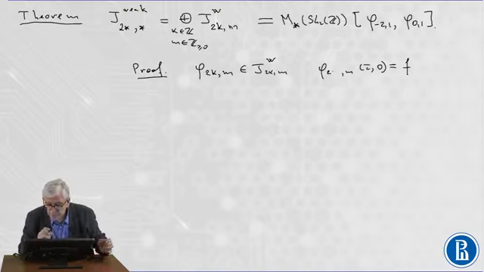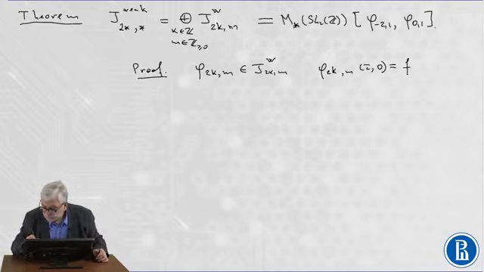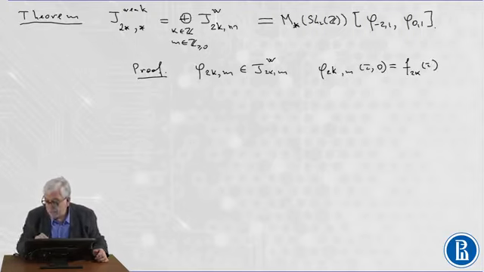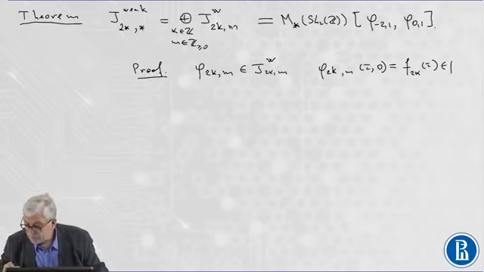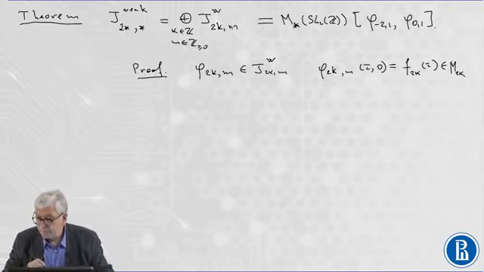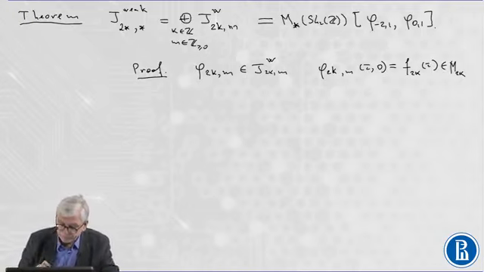I have to change this misprint: weight 2k. In one variable it might be 0, but in any case, this is a modular form of weight 2k with respect to the full modular group.